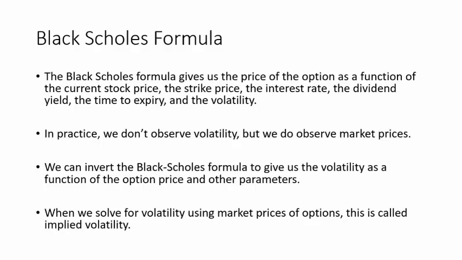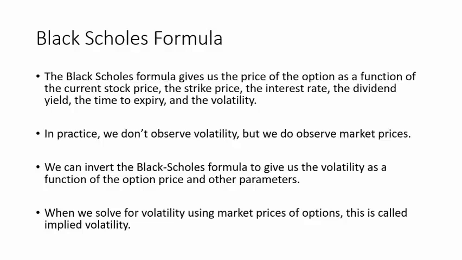So what we can do is invert the Black-Scholes formula to give us the volatility as a function of the option price and other parameters. What do we mean by this? Well, remember, the Black-Scholes formula gives us the price of the option as a function of all these parameters, one of which is volatility. In practice, we don't know what volatility is, but we do know the price of the option, that's traded in the market.